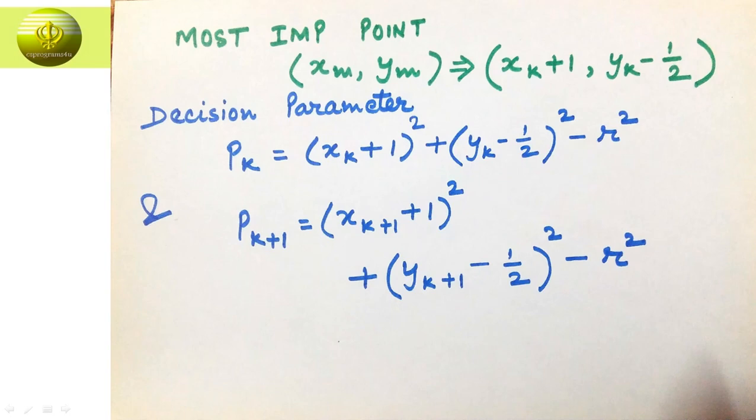We have to increase the value of k by k plus 1. That's why I have written (xk plus 1 plus 1) whole square plus (yk plus 1 minus 1 over 2) whole square minus r square. In this way, we can calculate the difference between pk plus 1 and pk, so that we can design our algorithm.